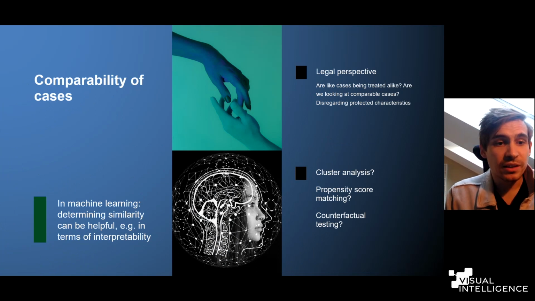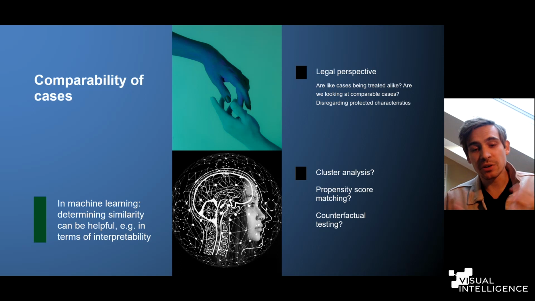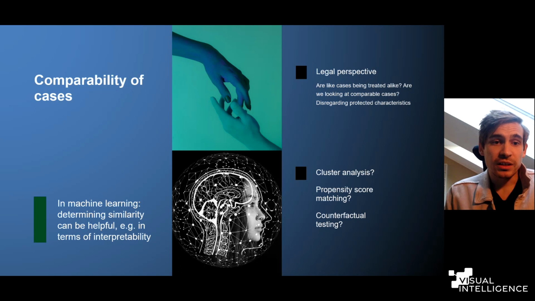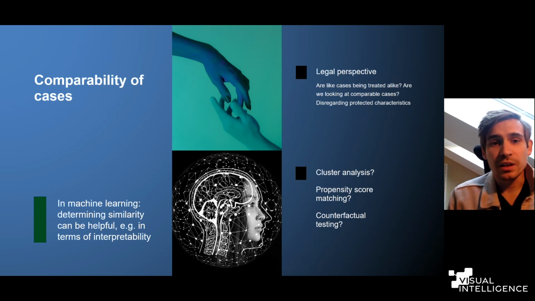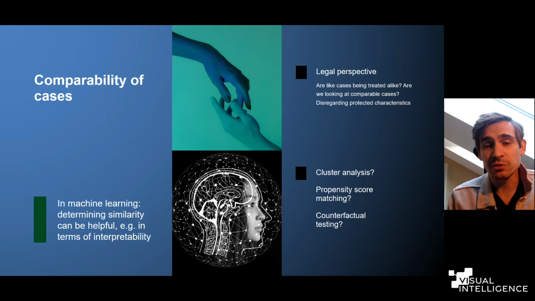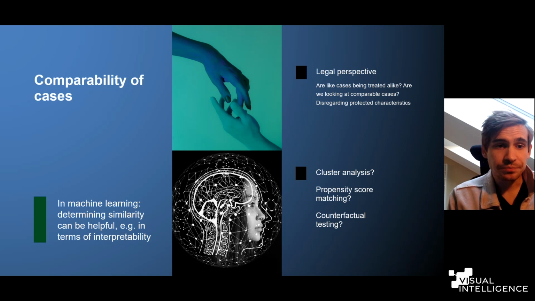Okay, I'm already at the last slide. The other area of potential overlap that I discovered is comparability. And again, I think that comparability is something that is often considered by some machine learning methods for the purpose of ensuring a general level of explainability.